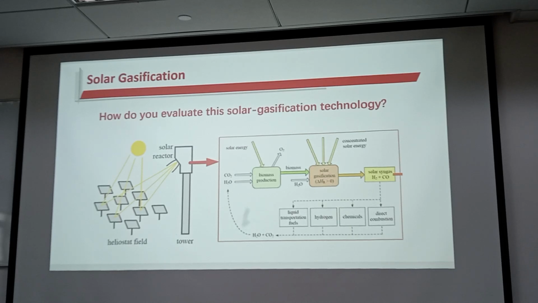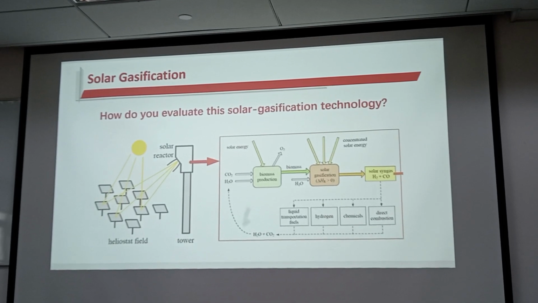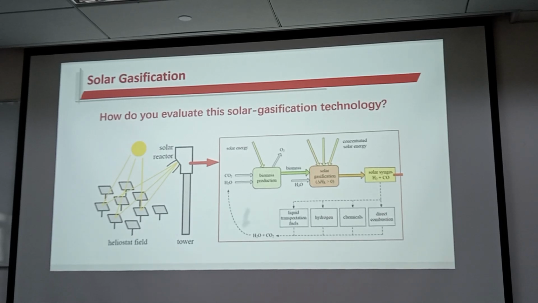For the traditional gasification process, usually we need to input electrical energy to operate the system. Once the system is operating stably, the heat generated from the system can operate the gasification by itself. The new idea from this researcher is that he used the energy from the solar.